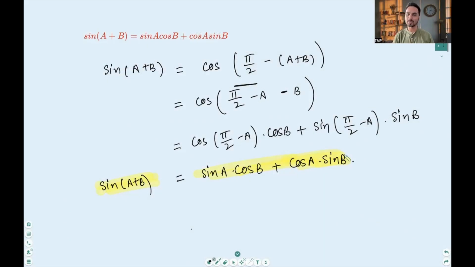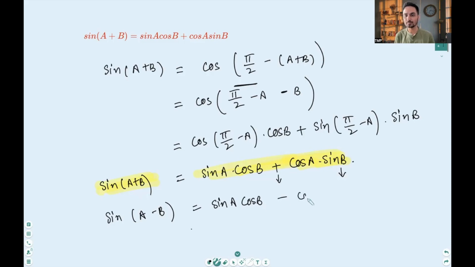And to get the formula of sine (A minus B), we'll simply replace B with minus B. So replacing B with minus B, we'll get sine (A minus B) equals sine A cos of minus B. And we know that cos of minus B is same as cos B. So we'll just keep it as cos B. And replacing B in the second term here with minus B, we'll get sine of minus B. And sine of minus B is minus sine B. Therefore, this plus sign will change to minus.